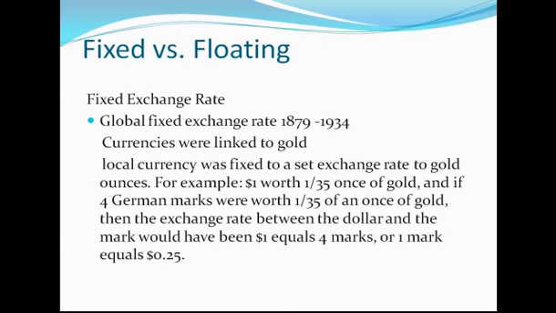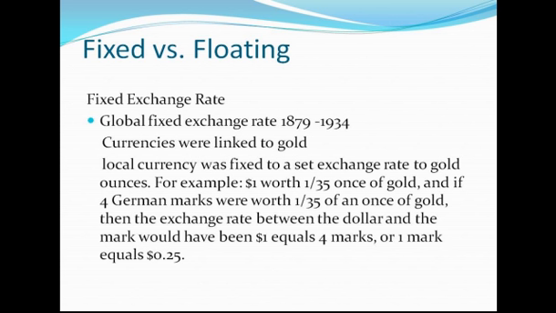If you look at the exchange rate history, it is very similar to the United States monetary system and how it changed. Between 1879 and 1934, all currencies of different countries were linked to gold, which means they are based on the same amount of gold.